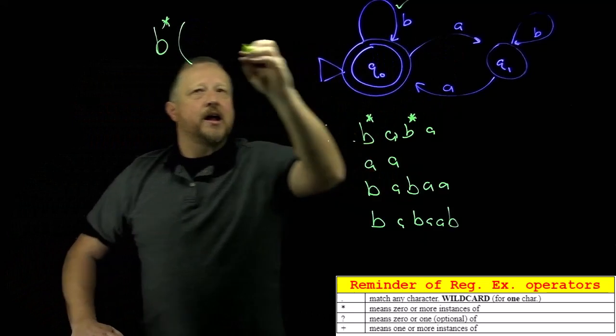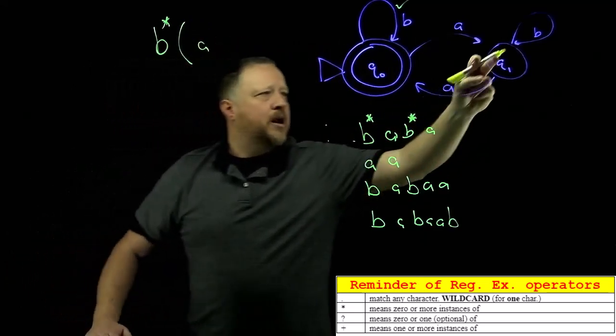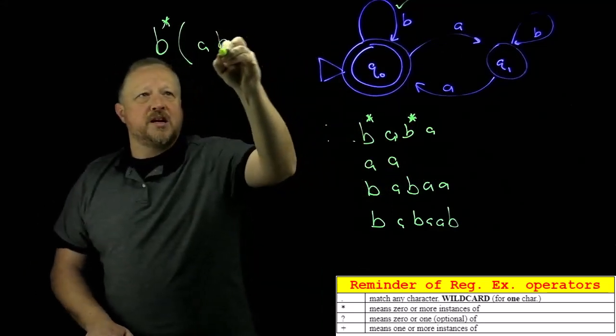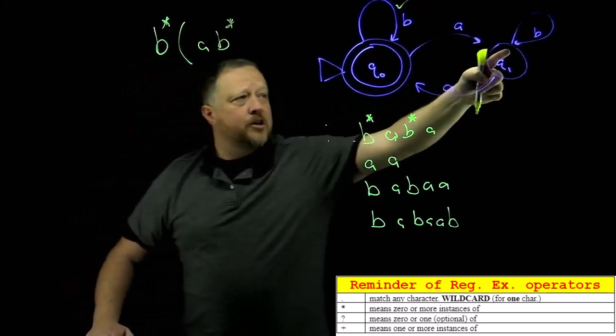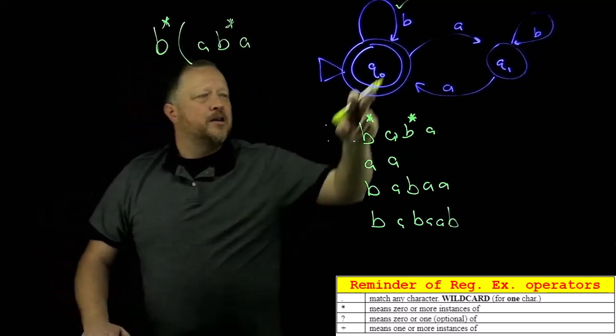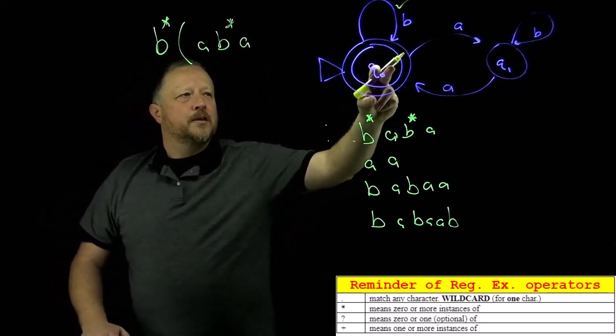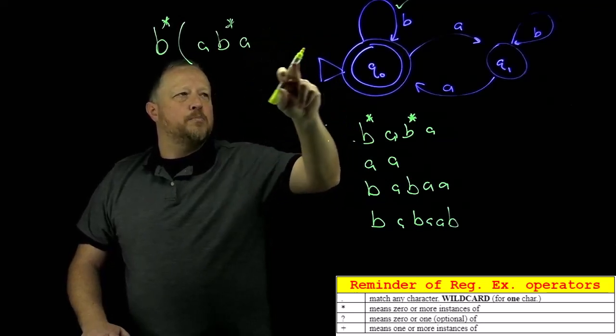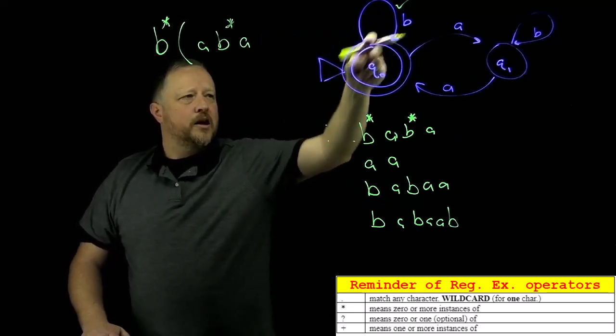I'm going to have an A. I'm going to have a B. And again, I can have a B as long as I do the B star, meaning I could ignore B, but I've got to have another A. And then let's see here. I can stop at A, or I could have more B's because of here, and keep going back.